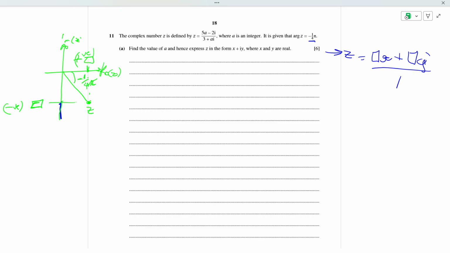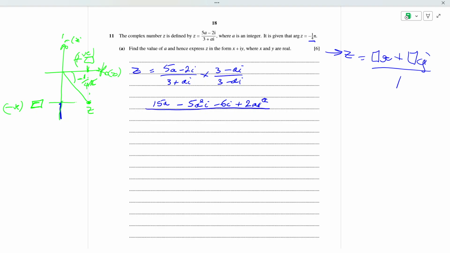So the first thing that we want to do is to rationalize the denominator. So z is equal to 5a minus 2i over 3 plus ai, multiplied by the conjugate of the denominator. When we do that, we have 15i. It's 5a multiplied by 3 is 15, and outside 5a multiplied by negative ai, we have negative 5a squared i, minus 6i, and then plus 2ai squared, right?